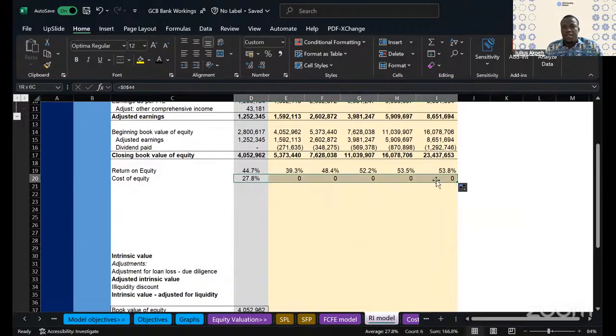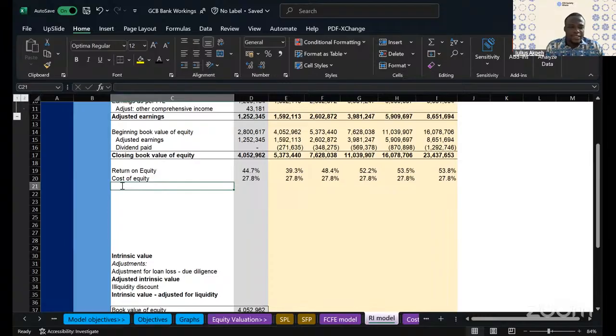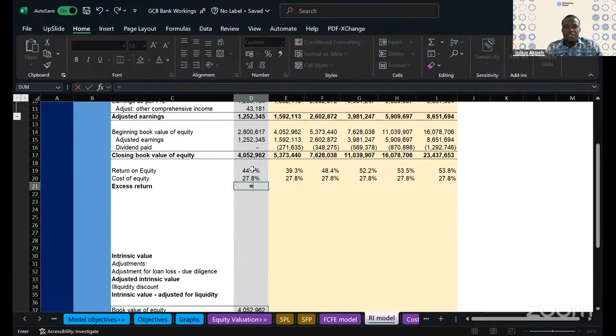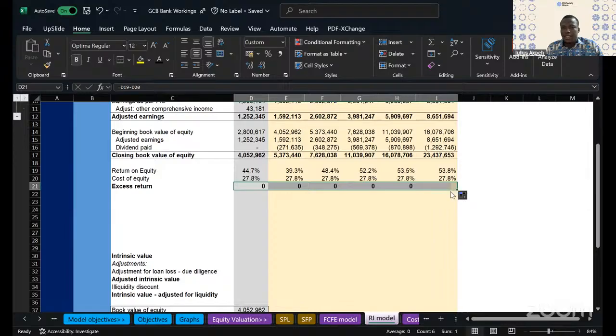So with this, we can calculate the excess return. Remember the tutorials, we calculate excess return, which is the return on equity minus the cost of equity. So let's see what this gives us. So the excess return is this.